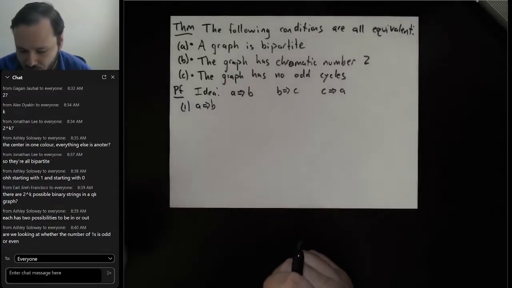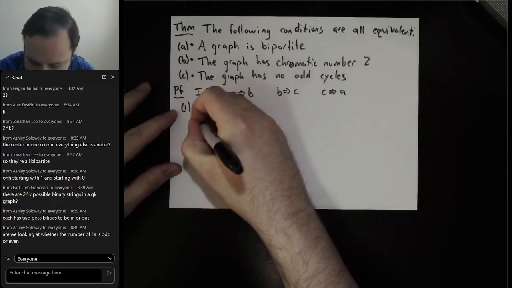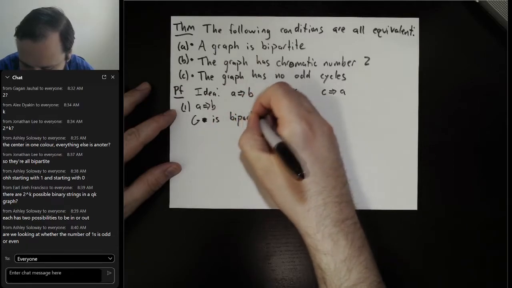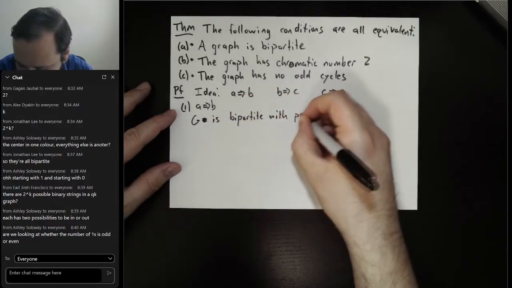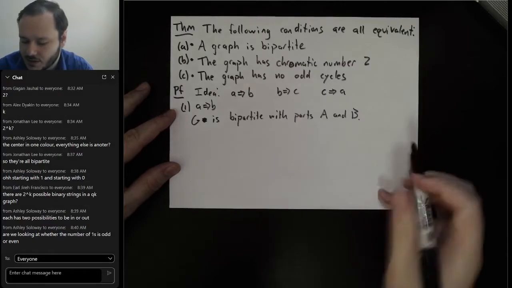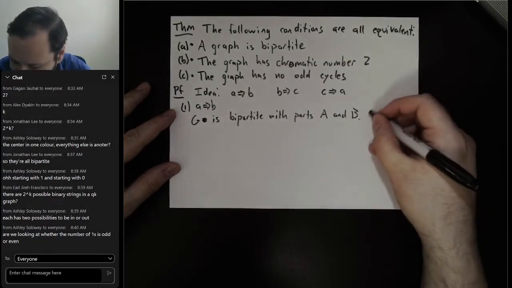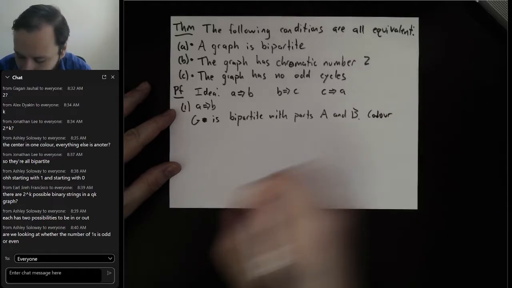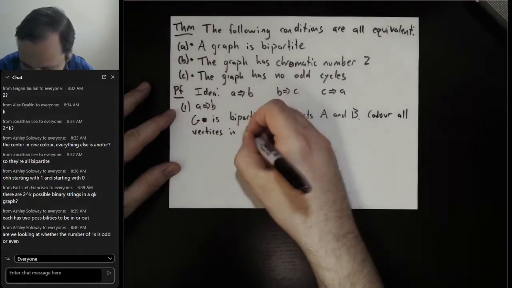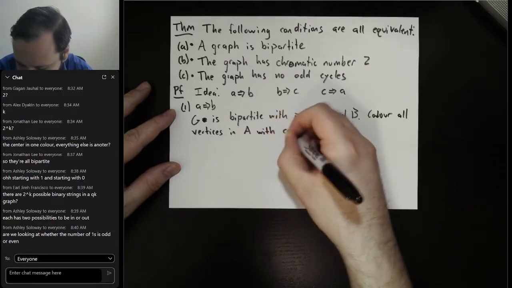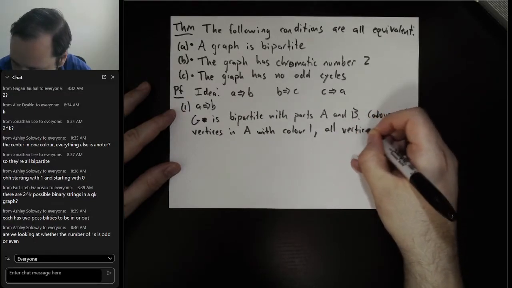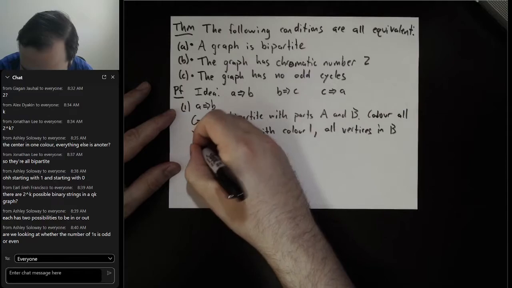Well, I know my graph is bipartite, so G is bipartite with parts A and B. I'm going to color all the vertices in part A with color 1, all vertices in part B with color 2.